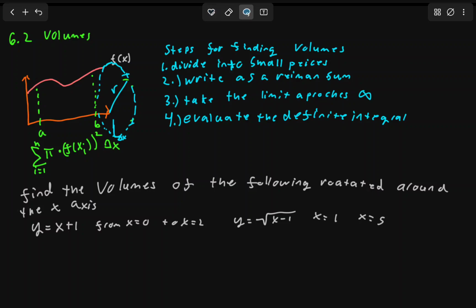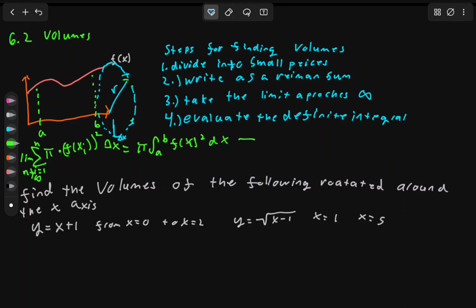Well, this alone is just an approximate area. So what we're going to do here is take the limit as n approaches infinity. And what this becomes is the definite integral from a to b, or let's say pi times the integral from a to b of f of x sub i, or really just f of x, squared dx.